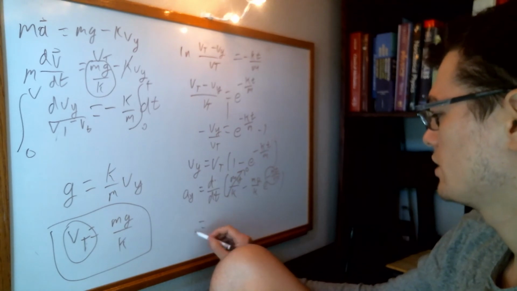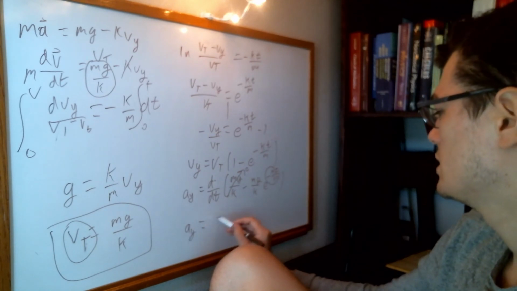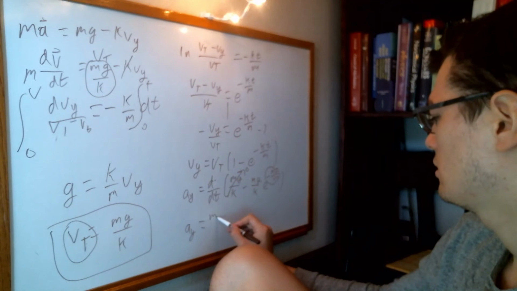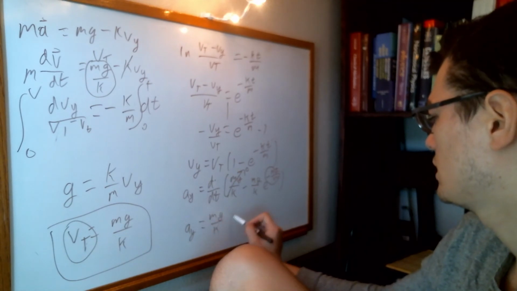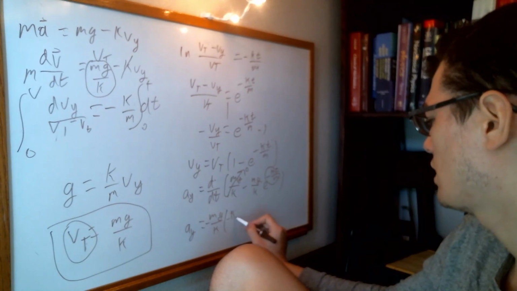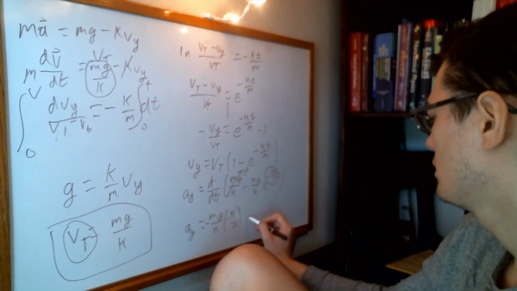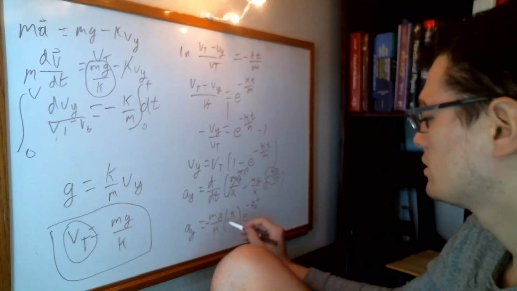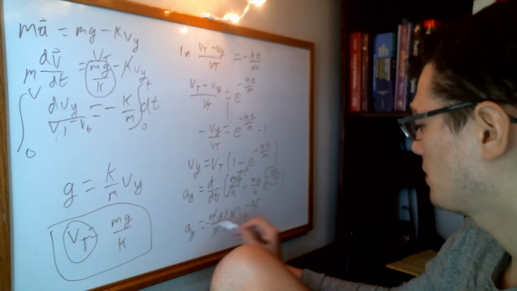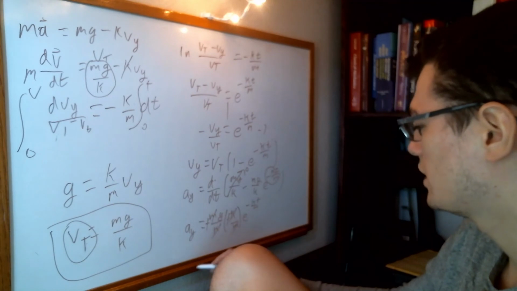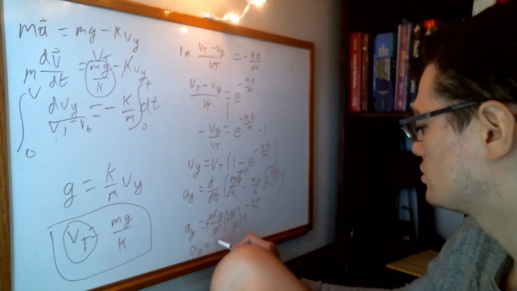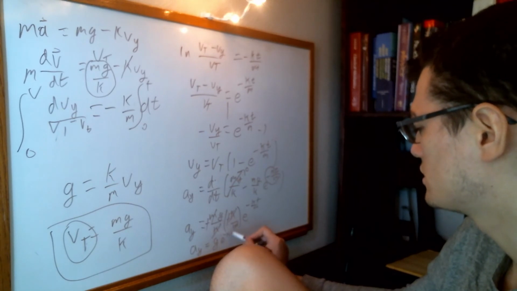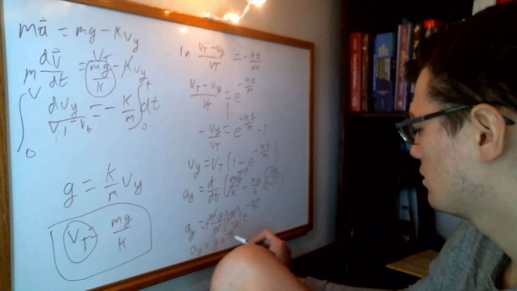And so then we get that Ay is equal to mg/k, or negative, and then we have to multiply it by negative k/m times e^(-kt/m). So then k cancels here, m cancels here, the negatives cancel, and then Ay is going to be equal to g e^(-kt/m).